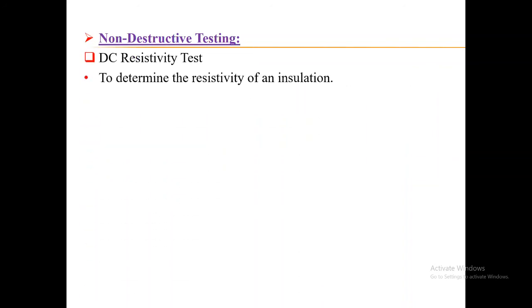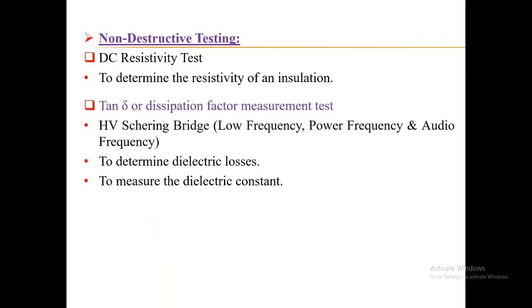Non-destructive tests include the DC resistivity test. It is generally performed to determine the resistivity of an insulation, which is one of the electrical properties normally associated with all dielectric materials. Then the tan delta or dissipation factor measurement test. A high voltage Schering bridge is used where the dissipation factor or loss tangent can be determined at low frequency, power frequency and audio frequency ranges.